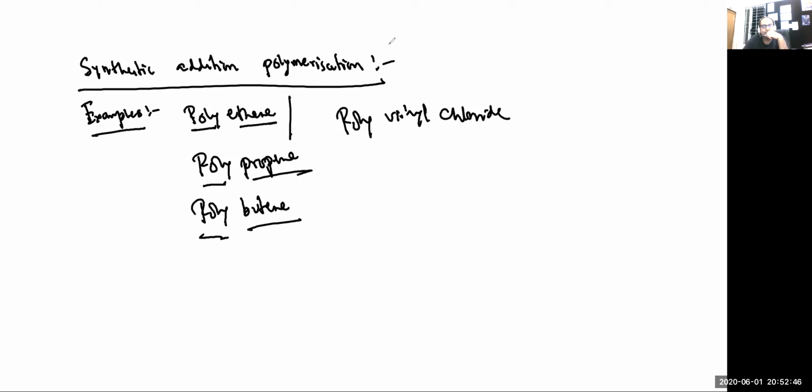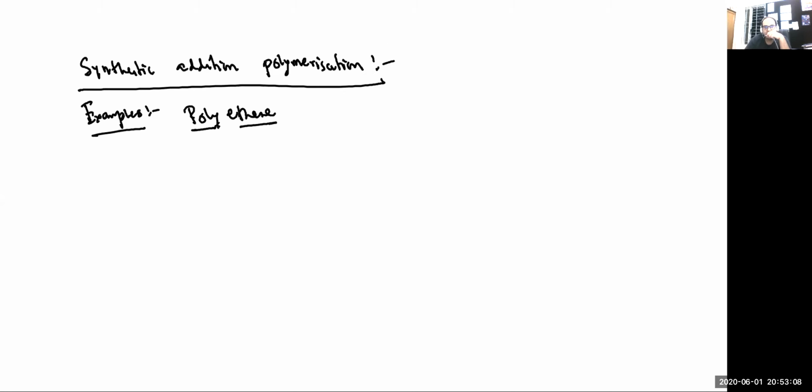So let's start with polyethylene. What is the structure of an ethene? How many carbons does an ethene have? Two carbons. So this is ethene.